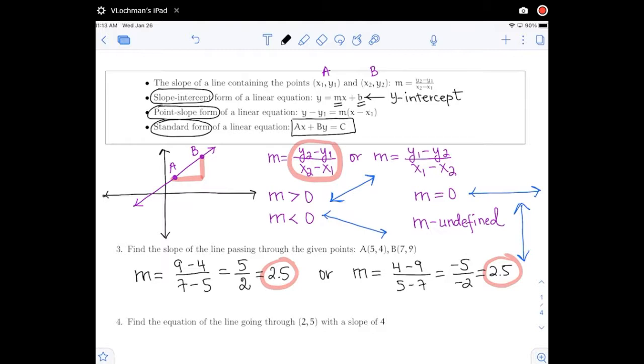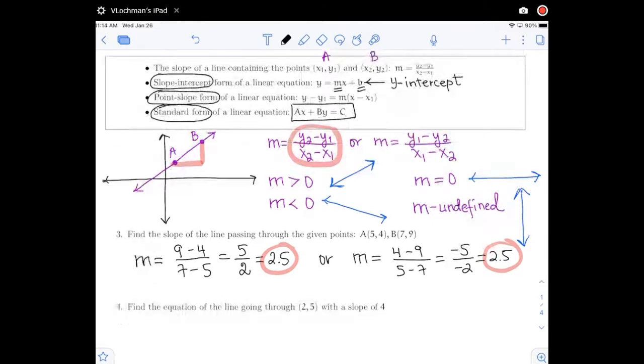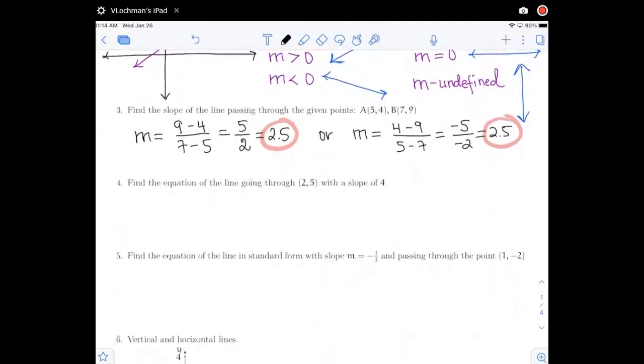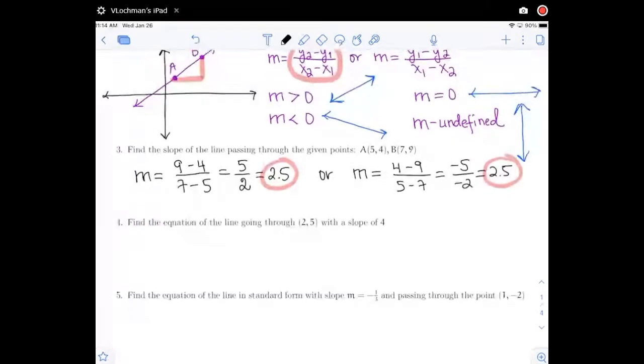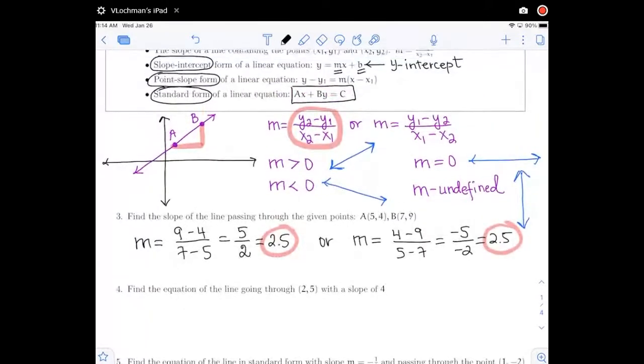Now let's do the next set of problems where we're asked to come up with equations of lines. Problem number 4 says find the equation of the line going through the point (2, 5) with the slope 4. Looking at my different forms, I have a point, let's call it point A, and I have a slope.